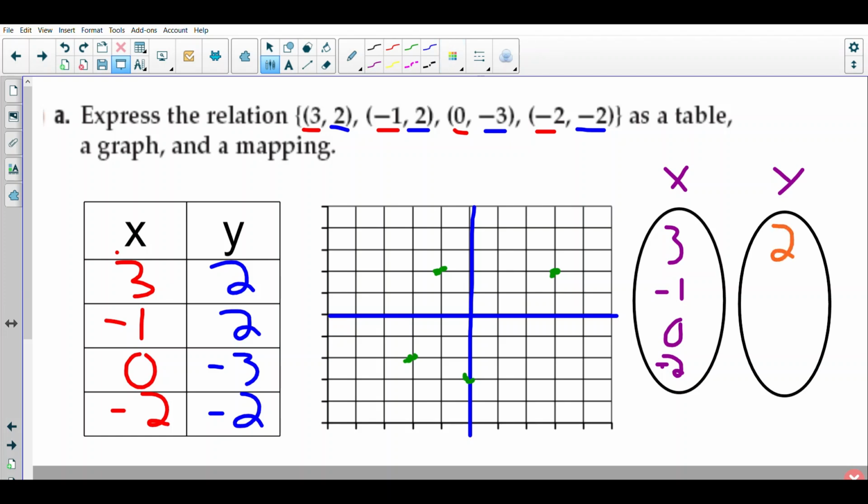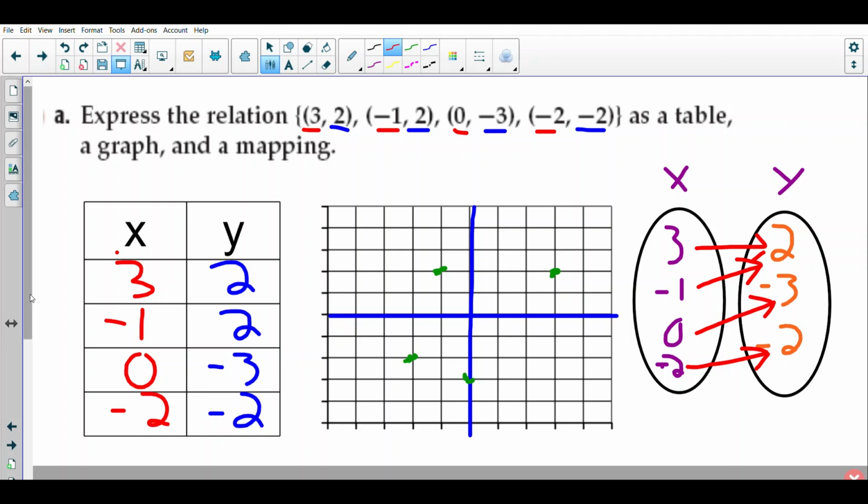So we have 2, we have -3, and we have -2. Now all we gotta do is draw the arrows to our corresponding. So 3 goes to 2. And also -1 goes to 2. So I'm gonna draw it right there. And then 0 goes to -3, and -2 to -2. And there you have your mappings.